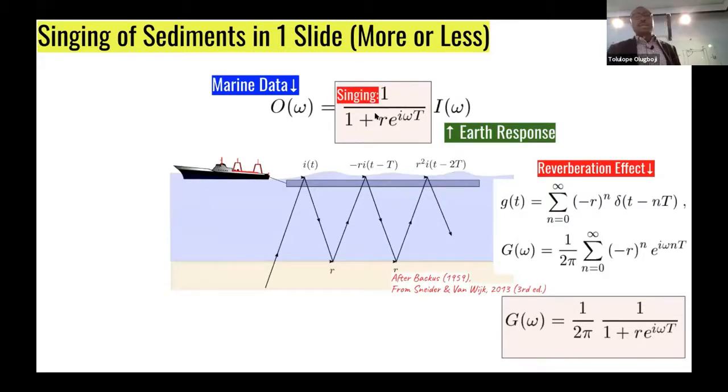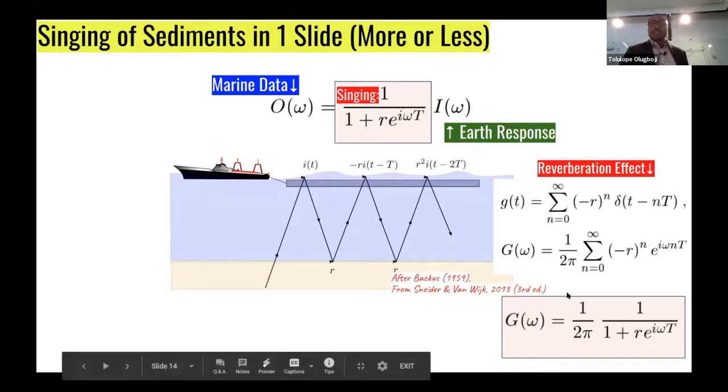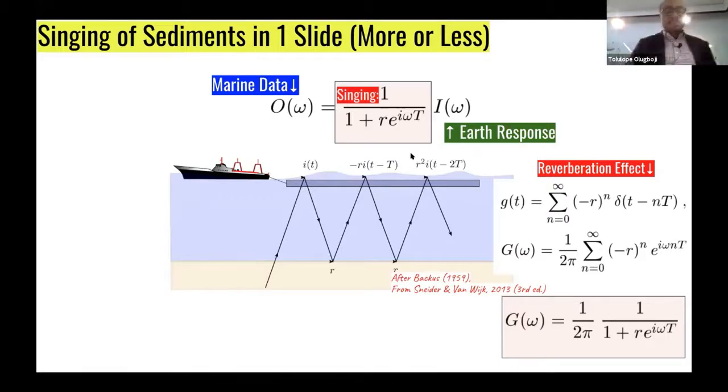This is what the singing filter looks like. That singing filter is just a function of the reflection coefficient R and the two-way travel time tau for each leg in between multiple reverberations. And that's the expression that shows you how you get that from the time domain to the Fourier, or frequency, domain. Because this reflection coefficient is less than 1, it simplifies to this expression. So again, this is the singing effect.